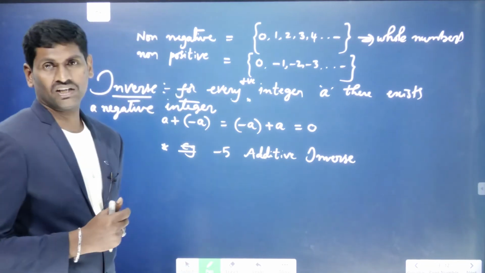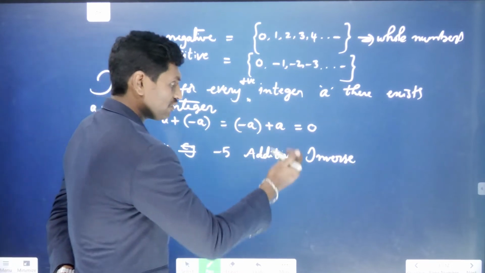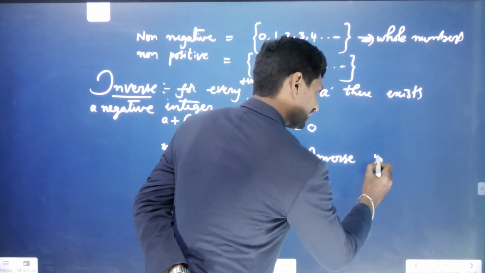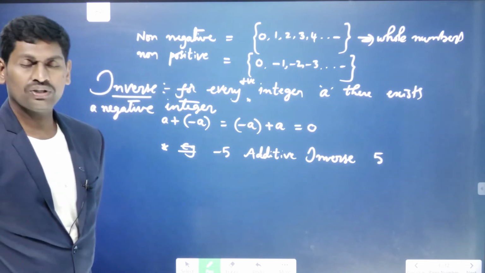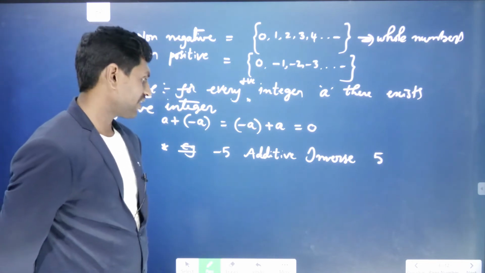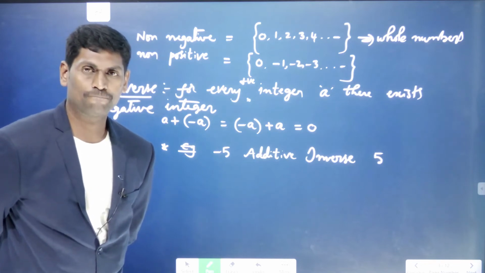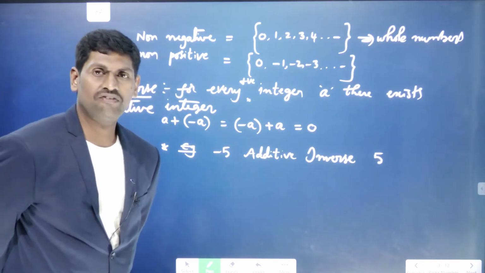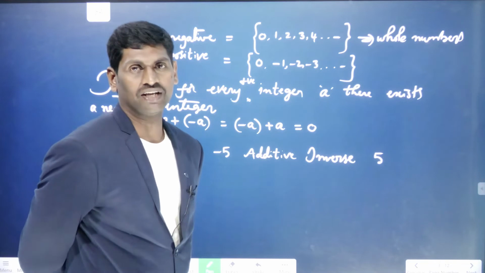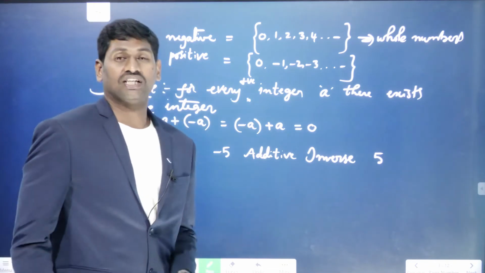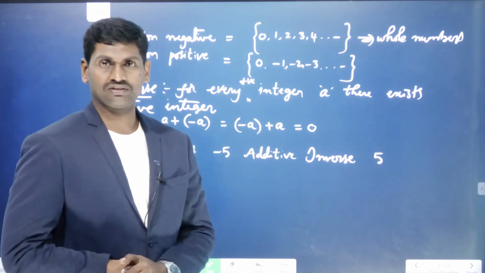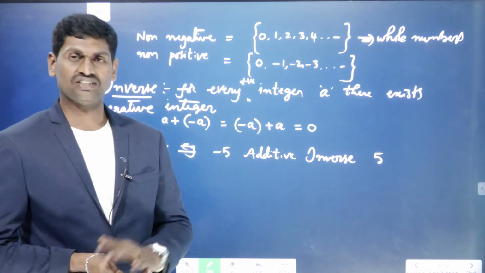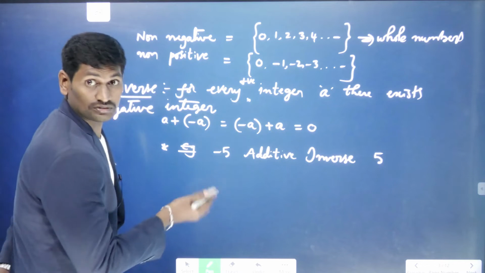Minus 5 is a negative integer, so its additive inverse will be positive 5. Minus 5's additive inverse is plus 5. Clear? For plus 5 the additive inverse is minus 5. That means here we just change the symbol of the integer. Okay? Right. Next.